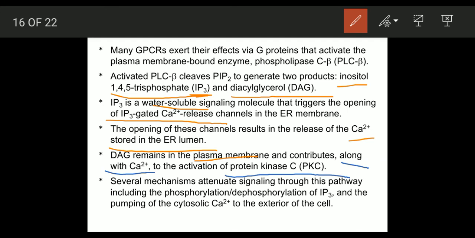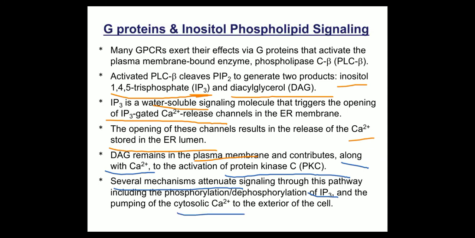Now several mechanisms attenuate signaling through this pathway, including the phosphorylation and dephosphorylation of IP3, and the pumping of cytosolic calcium to the exterior of the cell. Now see this concept in detail.